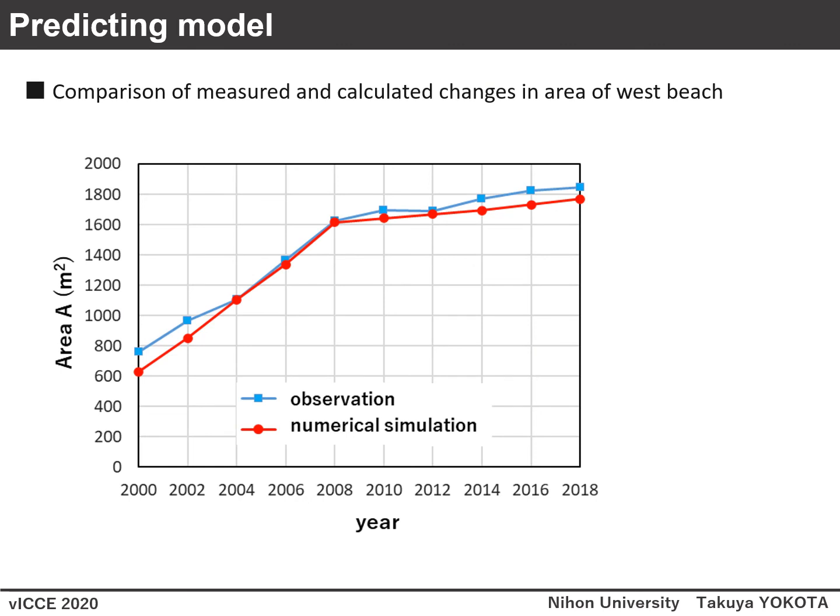And next, this shows a comparison of measured and calculated changes in area of West Beach. Calculation results are in good agreement with the changes observed from the aerial photographs.